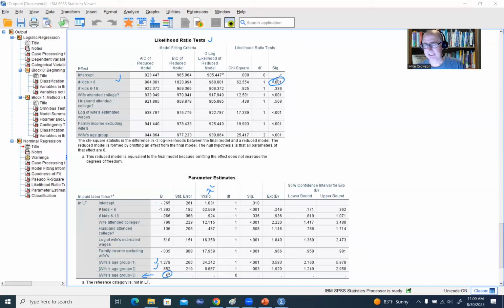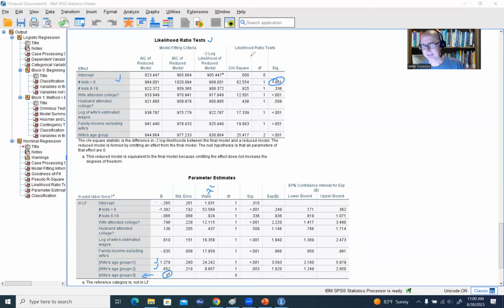And really quickly, the way these likelihood ratio tests work is you start out with the full model containing all the predictors, and then you test a model that contains all of the predictors minus the one that you're testing.